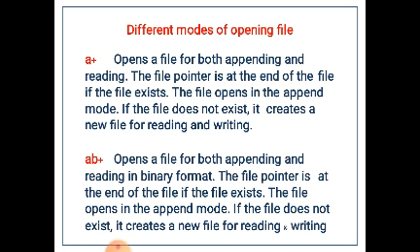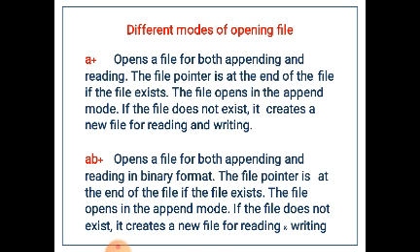A plus is meant for appending and reading. The file pointer will be at the end of the file if the file exists, but if there is no file with the given file name, then it creates a new file for reading and writing.